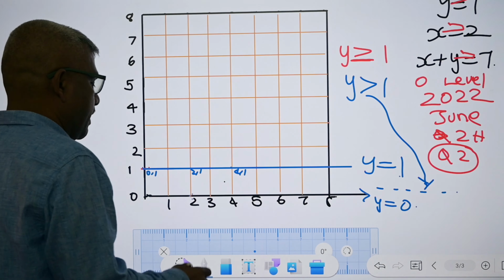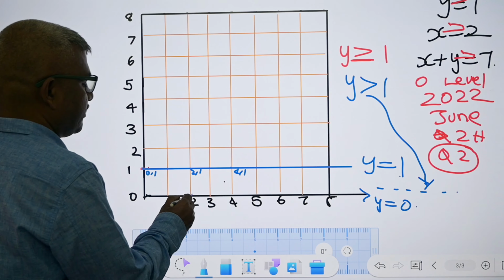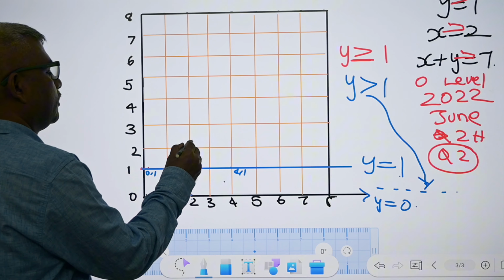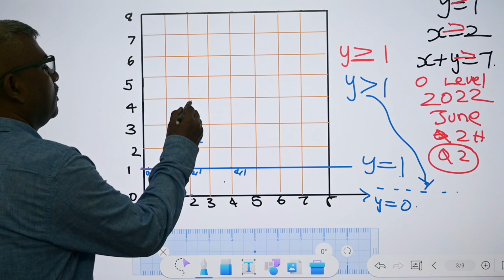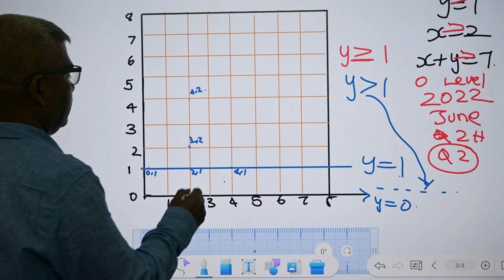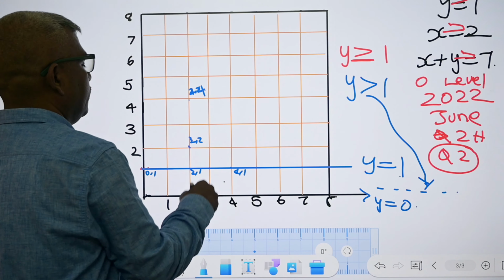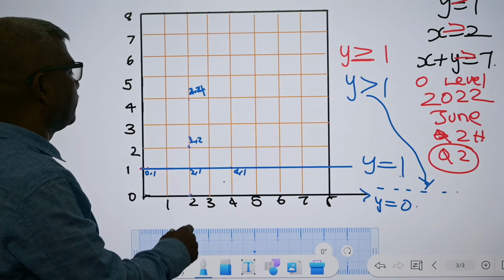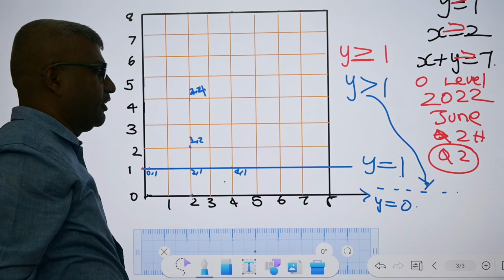The same way, x is equal to 2. What is this coordinate? 2, 0. What is this coordinate? 2, 2. What is this coordinate? 2, 4. You see that all the x coordinates are 2 only. So for x is equal to 2, you have to draw a perpendicular line.